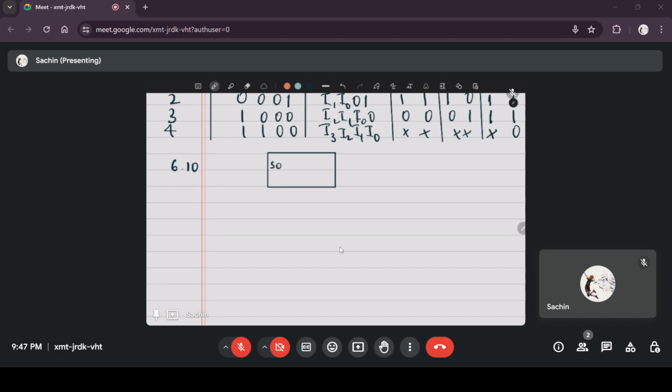This is a serial in, serial out shift register, and the flip flop uses the same clock. We use a D flip flop with an asynchronous clear, so that initially we can clear the output to 0.